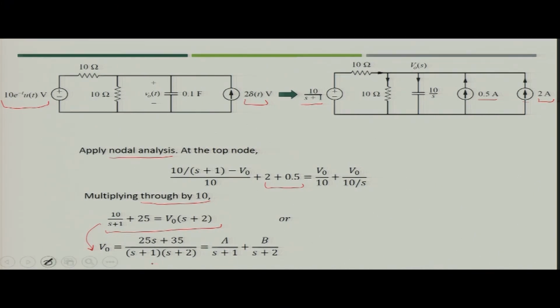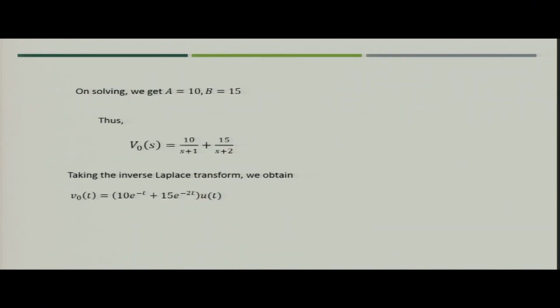Now, you can represent this as partial fractions, it will become A upon S plus 1 plus B upon S plus 2. When you solve, you can get the value of A as 10, B is 15, and your V naught S will become 10 upon S plus 1 plus 15 upon S plus 2, which you can easily write in terms of inverse Laplace transform.